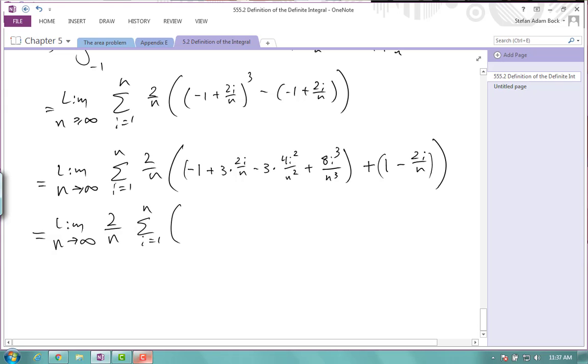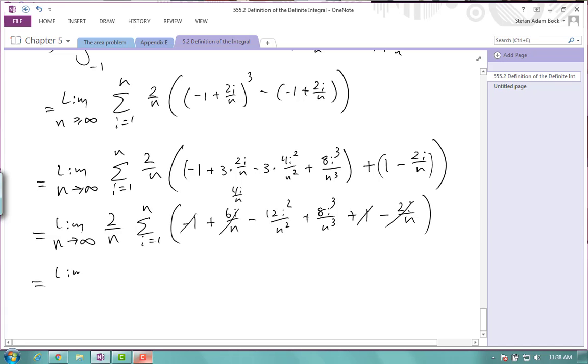I have -1 plus 6i over n minus 12i squared over n squared plus 8i cubed over n cubed plus 1, so the -1 and 1 will cancel, minus 2i over n, which I can combine with the 6i over n to get a 4i over n.